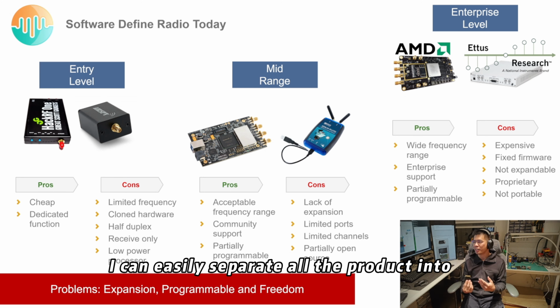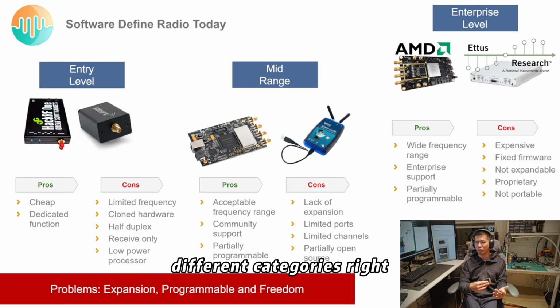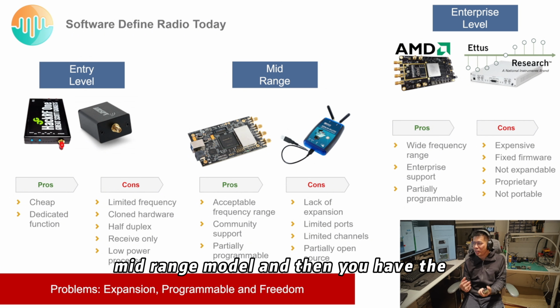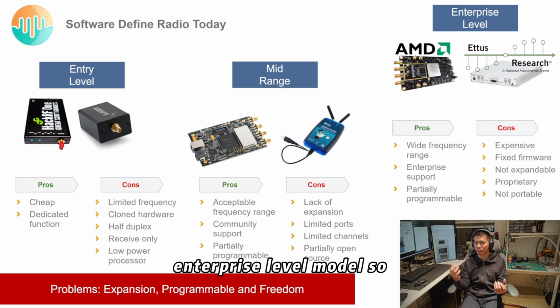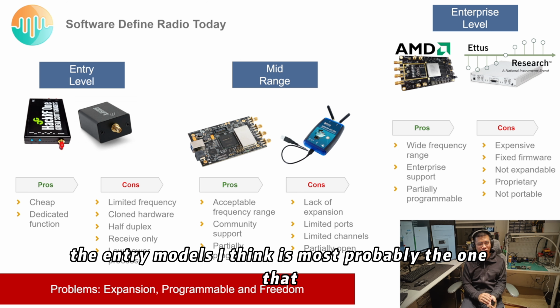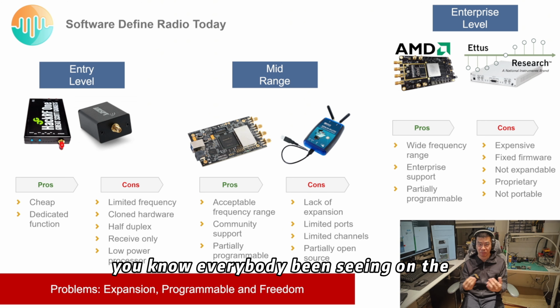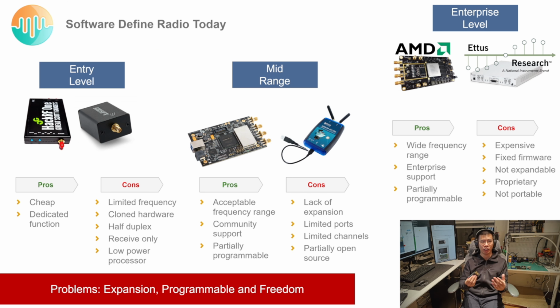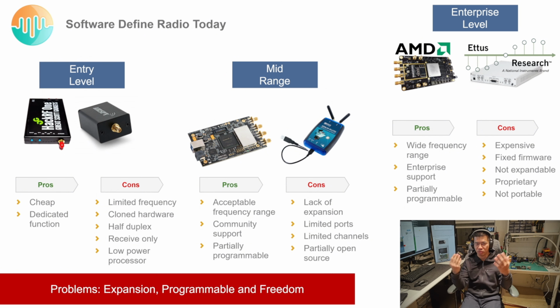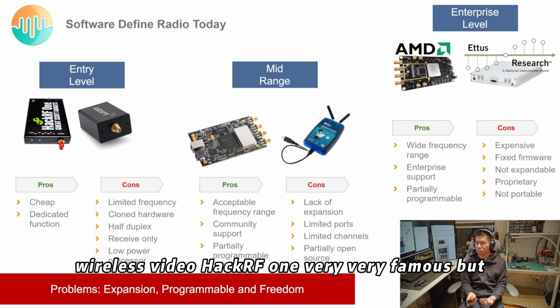I could easily separate all the products into different categories. You have the entry level models, the mid-range models, and then the enterprise level models. To name a few, the entry models are most probably the ones that everybody has been seeing in car hacking videos and reverse engineering wireless videos: HackRF One, very famous.